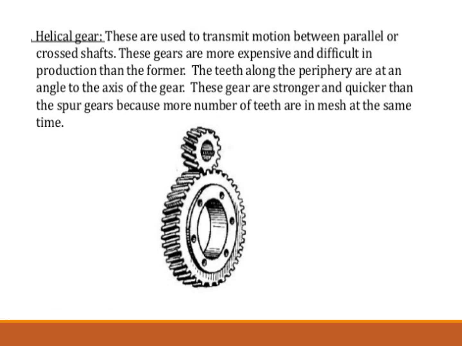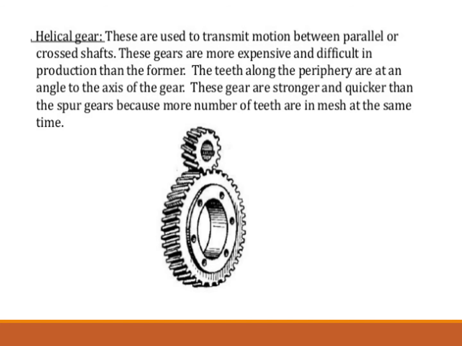Helical gear. A helical gear is just like a spur gear but with its teeth at an angle with the axis of rotation of the gear body. Helical gears can transmit motion from one shaft to another shaft that is parallel with it, as with spur gears, and also to another shaft that is not parallel to it.